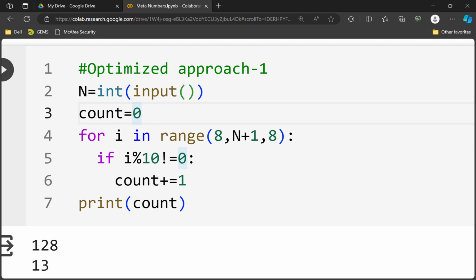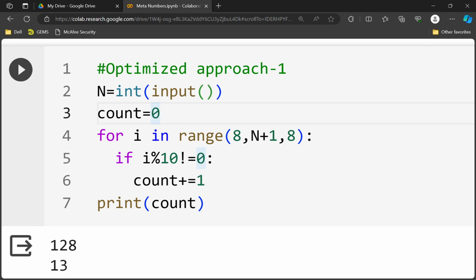Then what is another condition they have given? A number which is divisible by 8 should not be divisible by 10. So that condition we are applying here. If i % 10 is not equal to 0, increment count by 1. Finally print count.